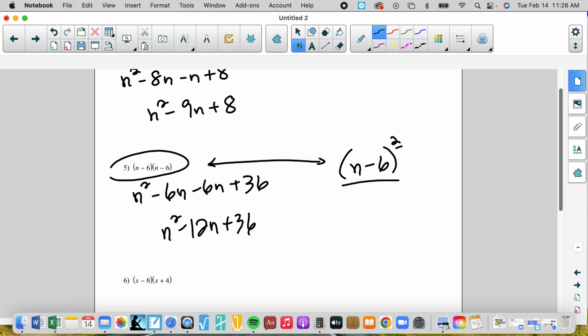And there's a shortcut, and that shortcut is a squared plus 2ab plus b squared, where this is my a value and this is my b value.